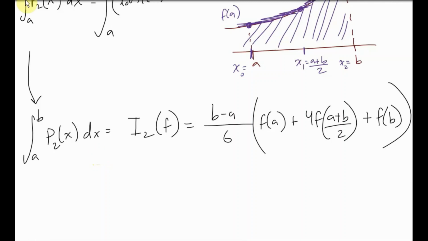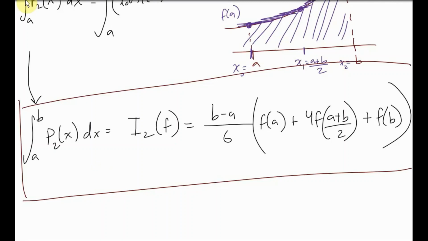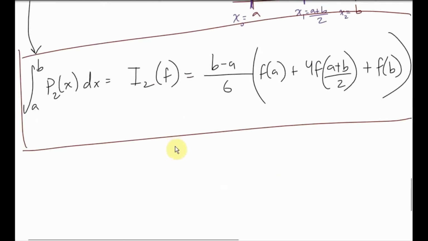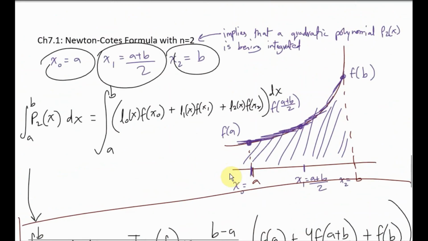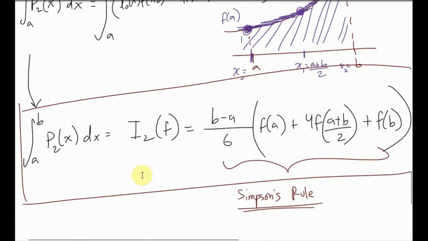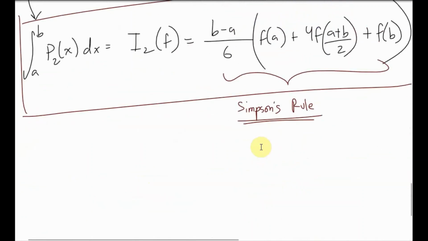This formula is called Simpson's rule. So instead of taking a straight line polynomial over the boundaries like this, we are taking a quadratic polynomial that should give us a better approximation of the integral.